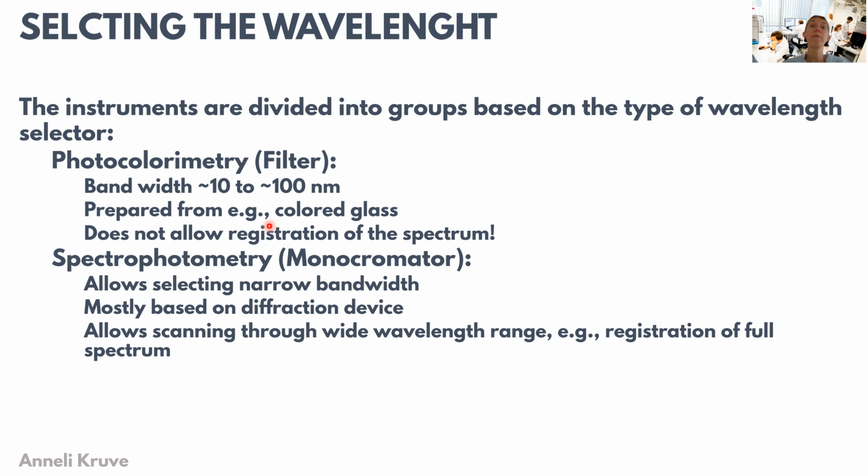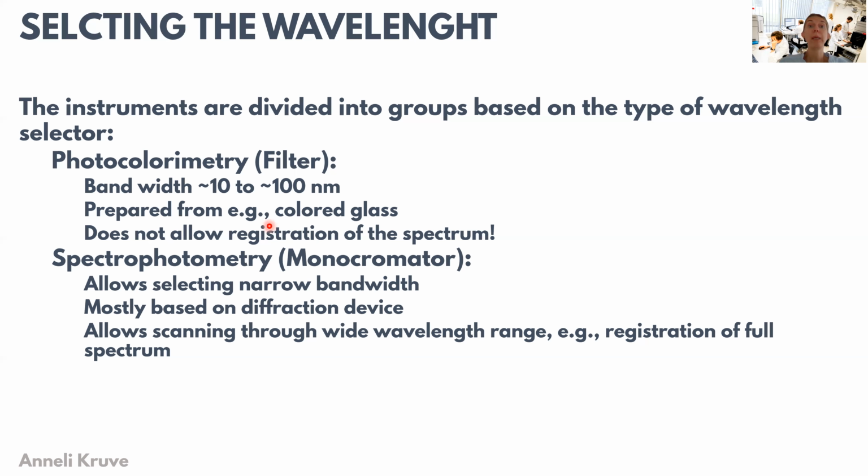So for example, if we have a combined deuterium lamp and light bulb instrument, and a monochromator, which is a prism or a diffraction grating, then we can measure the whole spectrum from 190 nanometers to 750 or 800 nanometers. And this, of course, enables us to receive more information about the compound or sample spectrum.